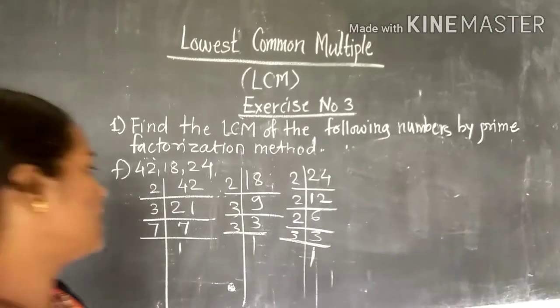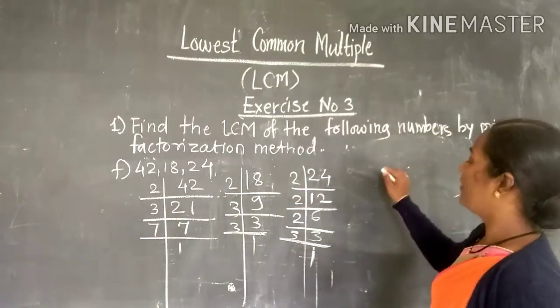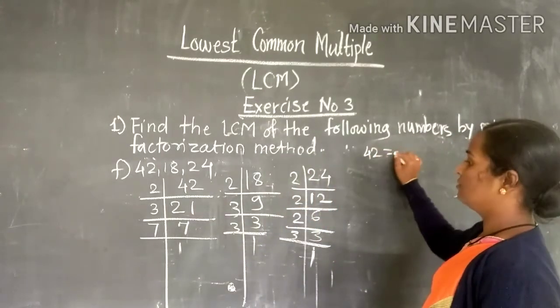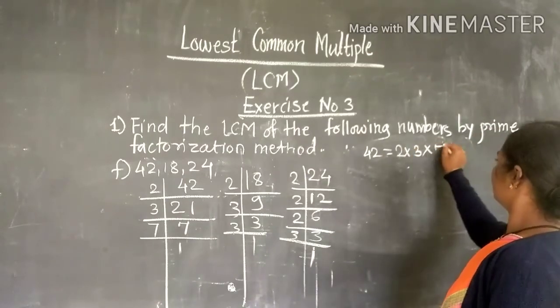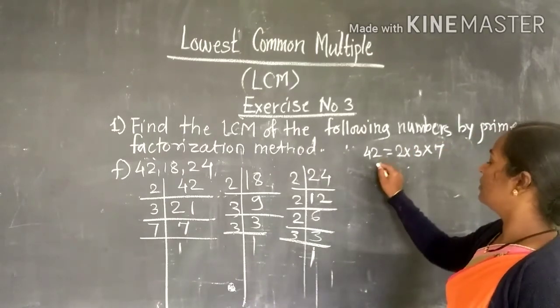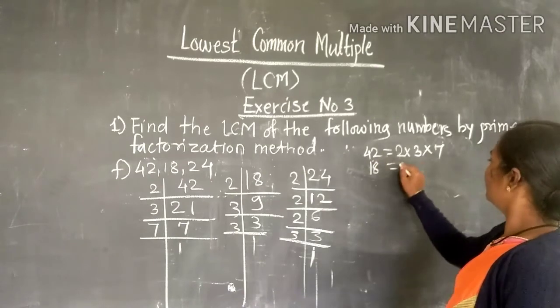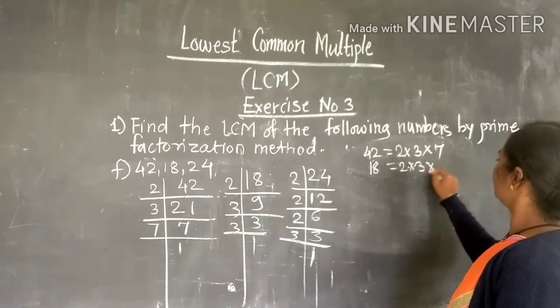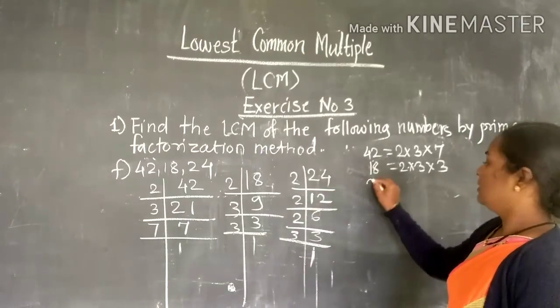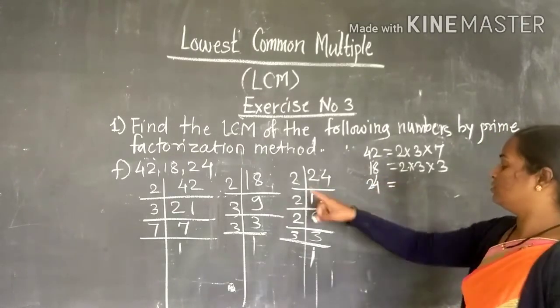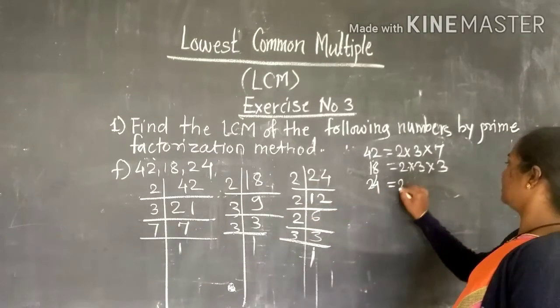Now we have to write those factors. For 42, the factors are 2 into 3 into 7. For 18, 2 into 3 into 3. Then next is 24, that is 2 into 2 into 2 into 3.